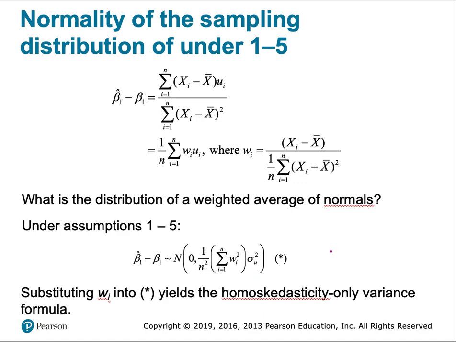So beta 1 hat minus beta 1 is normally distributed with a mean of 0 and a variance of 1 over n squared times the sum from i equals 1 to n of w_i squared times the variance of the OLS residual. So this is the distribution of the weighted average of the normal random variable.